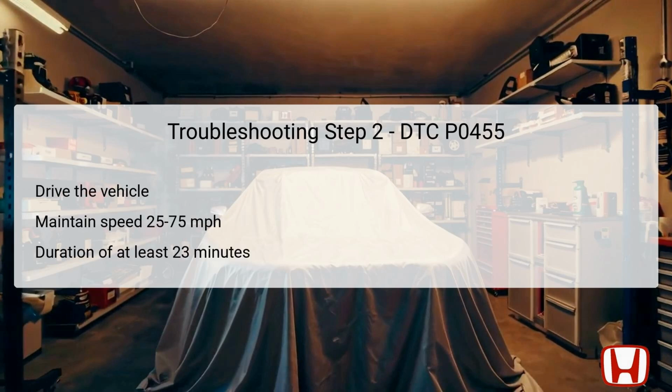Following the initial setup, the next step involves driving the vehicle at a speed between 25 and 75 miles per hour. This driving condition must be maintained for at least 23 minutes to ensure that the PCM can effectively monitor the fuel tank pressure and identify any potential leaks within the EVAP system.